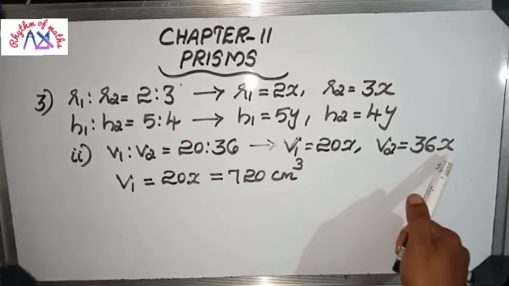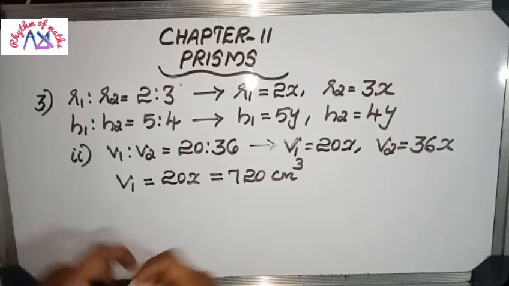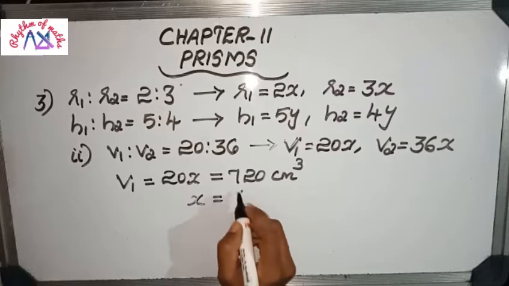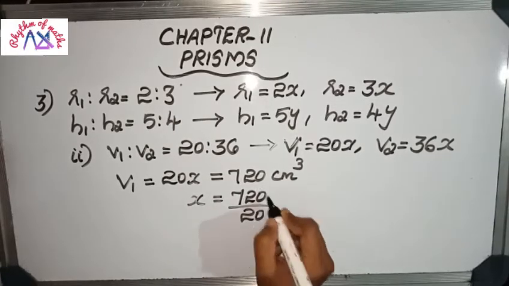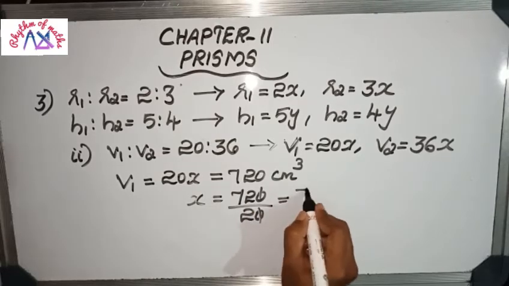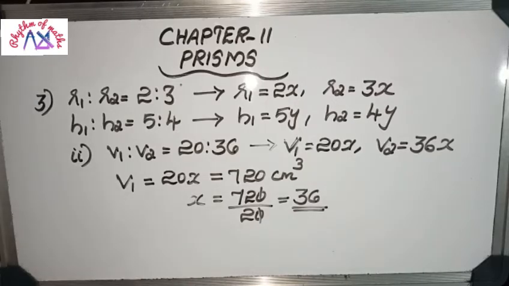Okay, if we know this common number we can find the value. That is the speciality of ratio. So to find x, keep x here and take this 20 to this side. So 720 by 20, 0 0 cancel, then 72 by 2, answer will be 36. That means x value is 36.